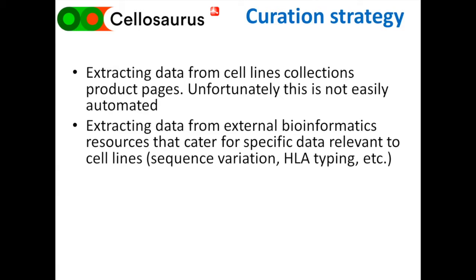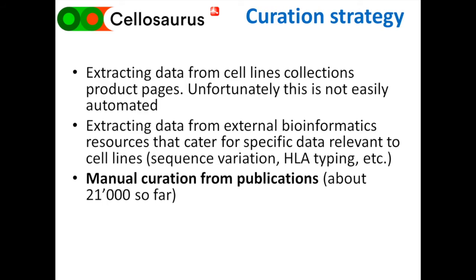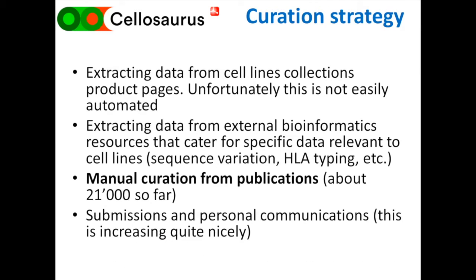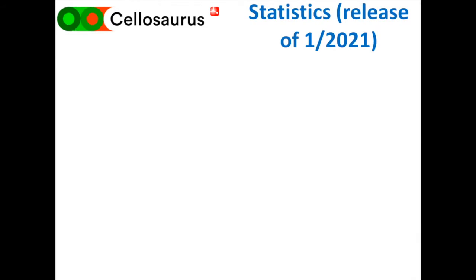The second is extracting data from external bioinformatic resources, which gather specific data relevant to cell lines. The biggest source of information is manual curation from publications, about 21,000 publications so far. And what is increasing nicely is submissions and personal communication, which is quite useful when people submit information which can be added to the Cellosaurus.